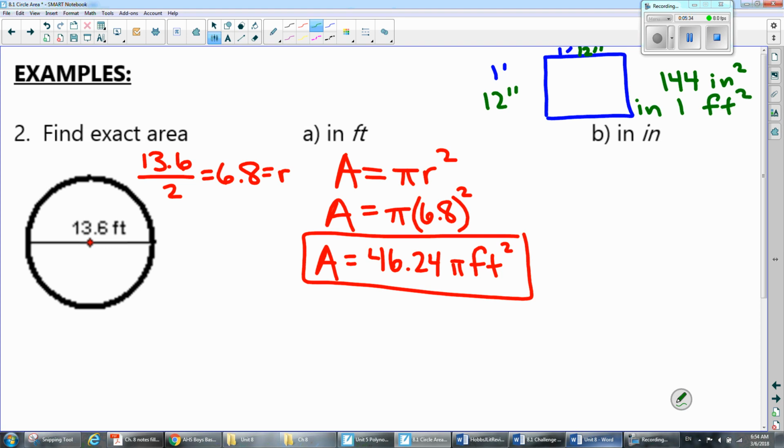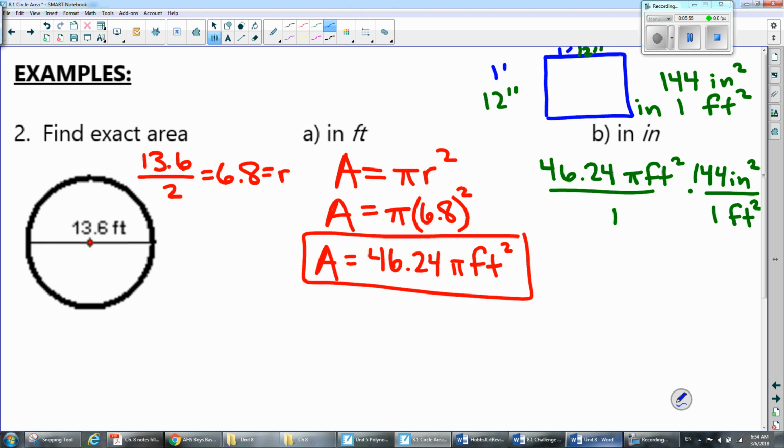So if I know my final area was in feet squared, I'm going to put feet squared on the bottom and 144 inches squared on the top. There's my two fractions. I multiply them together. Feet squared from the top cancels with feet squared on the bottom.